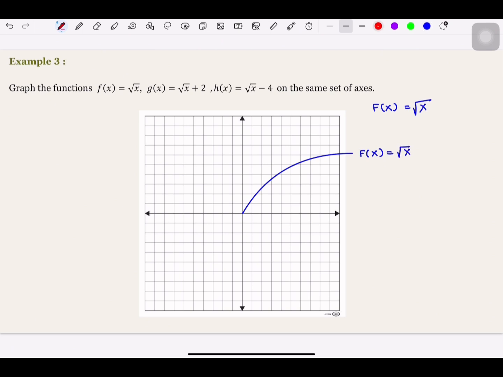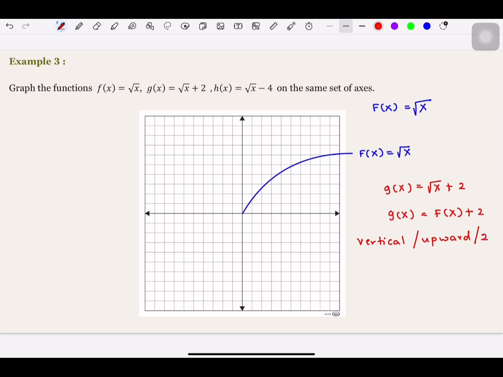So now you have to sketch the second function, which is g of x. So g of x is going to be square root x plus 2, which means you can write g of x as f of x plus 2, which means this is a vertical shift upward by 2 units.